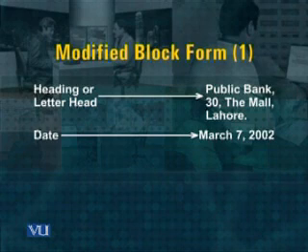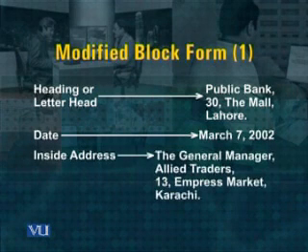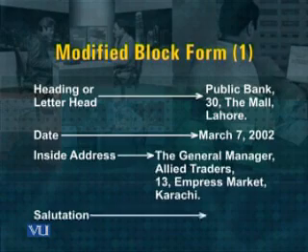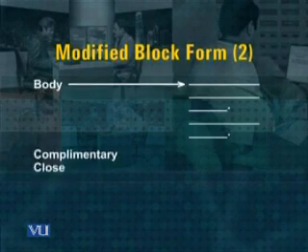So we should write the name of the month, then the date before or after it, and then we write the year in figures. After this date we write the inside address and salutation, then the body, then the complimentary clause and signature.